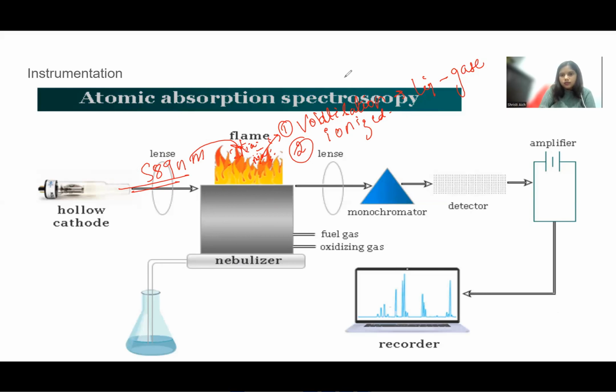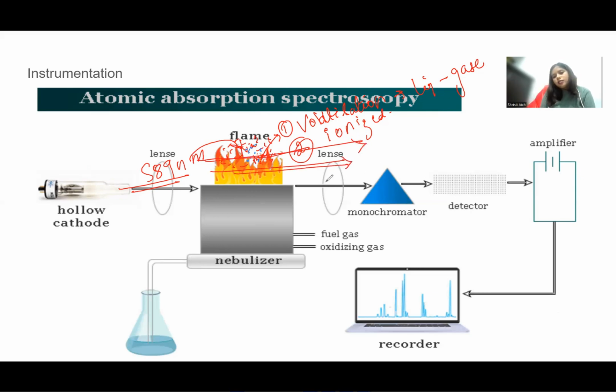This is our sodium gaseous molecules, and the rest are different other gaseous molecules. Sodium will absorb, and all the rest of the radiation will pass as it is, not absorbed.